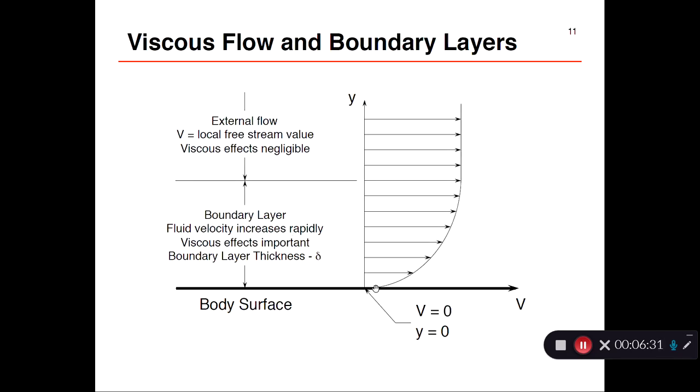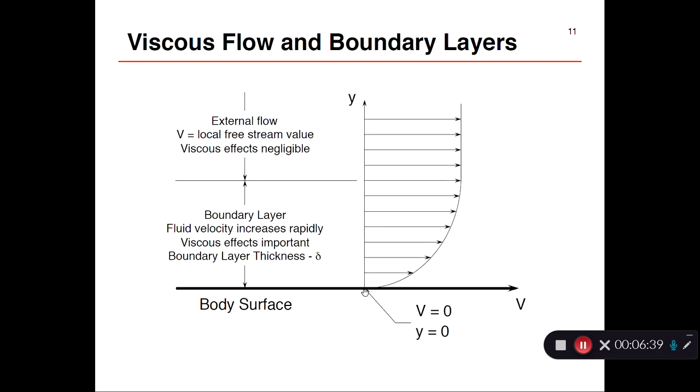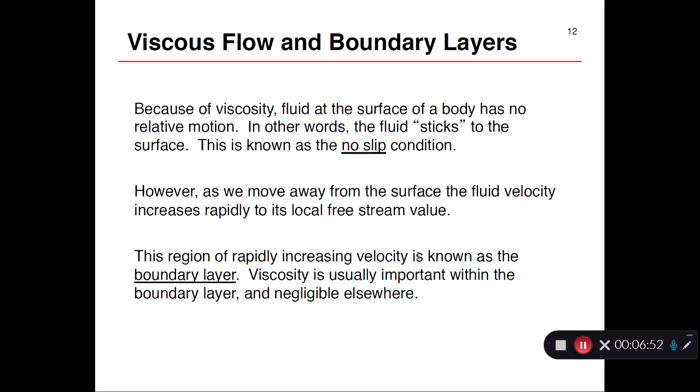Once you have tau, you could integrate it all over the body surface. Because of viscosity, right at the body, the molecules come to a complete rest. At the edge of the boundary layer, molecules are moving at the local potential flow velocity. So velocity is changing like this. We saw all these concepts in the aerodynamics course.